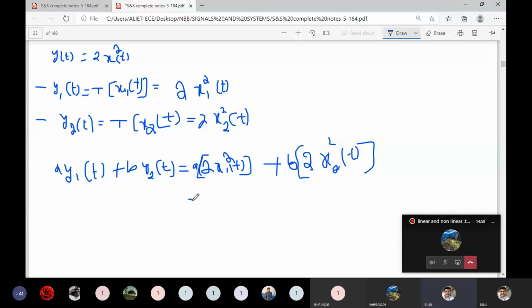In these two, I'm taking 2 as common: 2 times of a into x1 square of t plus b into x2 square of t.